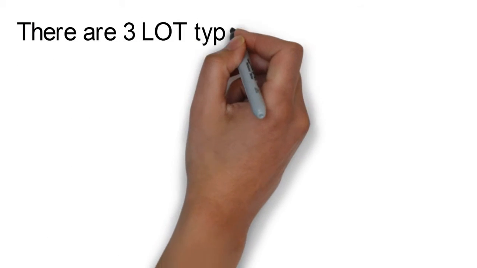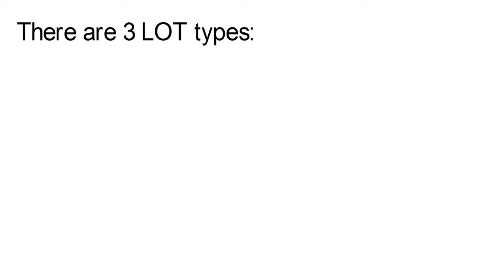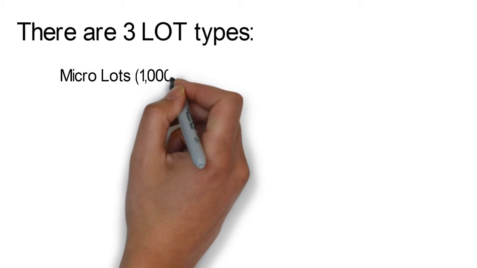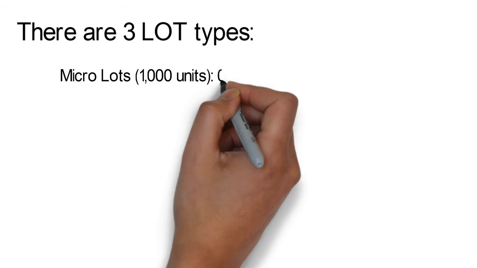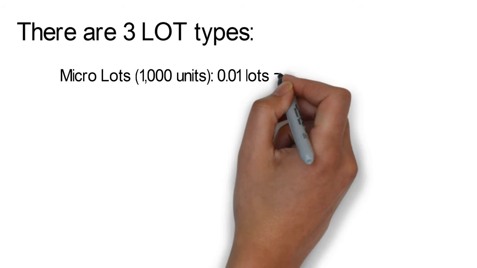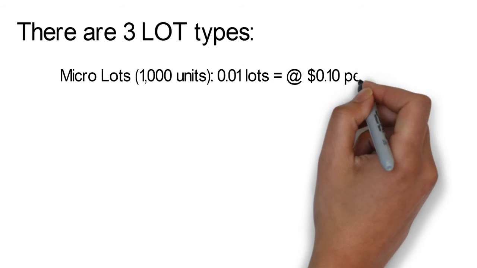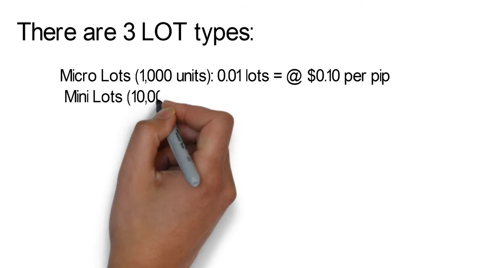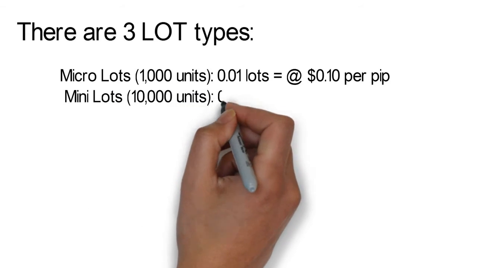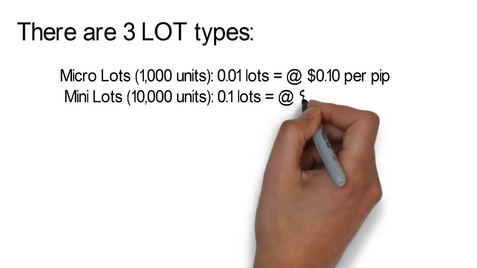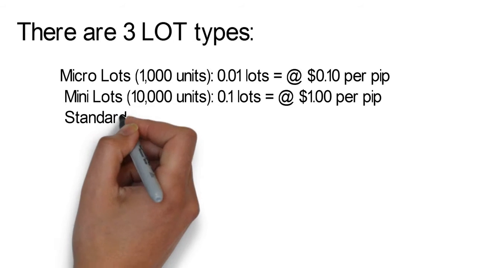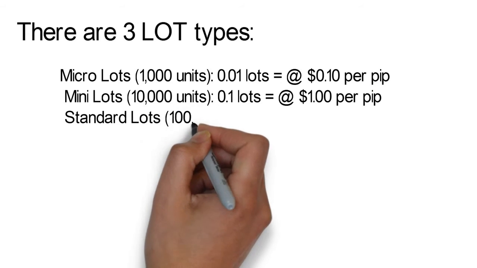So now let's move on to lots. There are 3 lot types. There are micro lots, which represent 1,000 units, and that would be 0.01 lots, which is about 10 cents per pip. There's mini lots, which represent 10,000 units, and it's written 0.1 lots, and that equals about $1 per pip.